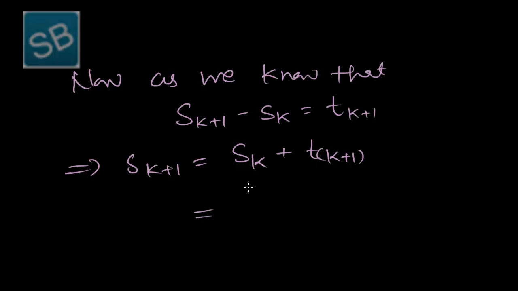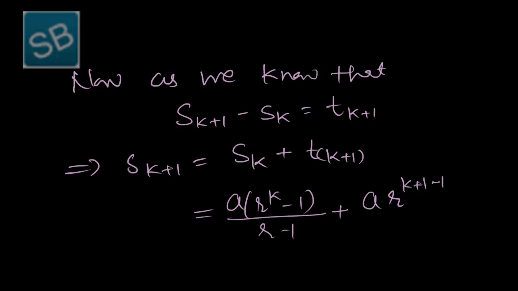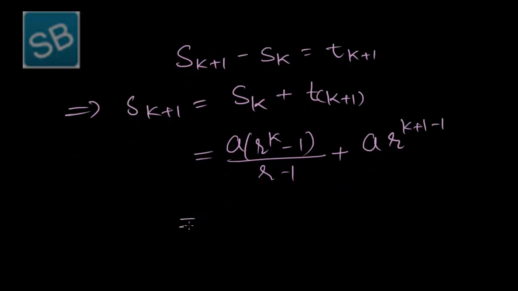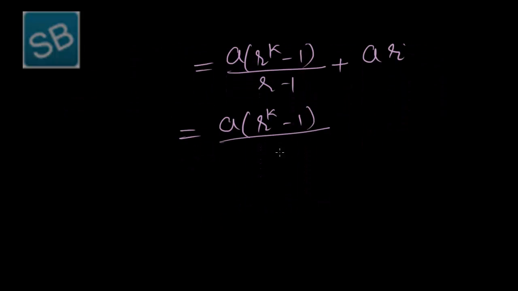So we get, as result is true for S of k, therefore from number 2 we get A R raised to power k minus 1 over R minus 1 plus k plus 1 term is A R raised to power k. So we get A into R raised to power k minus 1 over R minus 1 plus A into R raised to power k.